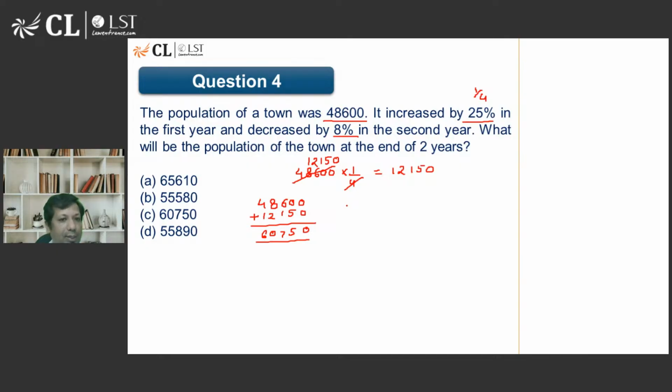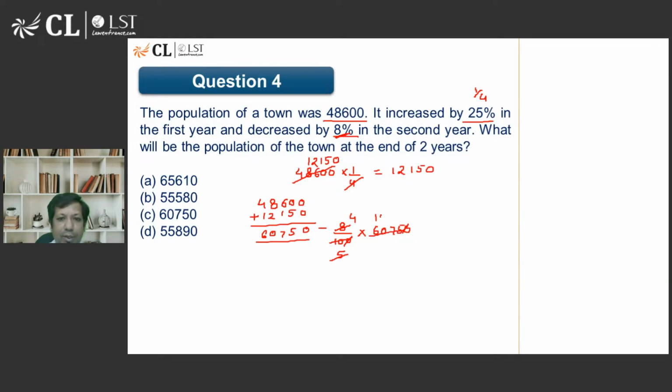So how can we calculate that? We are going to figure out what the approach is. If it decreased by 8%, it means what is the 8% of it? 8% means 8 by 100 of 60,750. That is one approach we can take. Now the zeros cancel out, 2 fours are 8, 2 fives are 10.